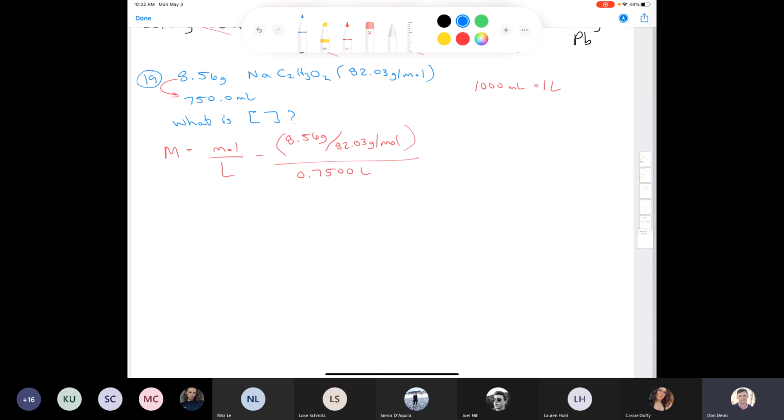So this is a one-stop shop. We end up with moles per liter, and we find our concentration is 0.139 molar. And that is answer B. So just a simple calculation of concentration. Everybody here should know how to calculate concentration.